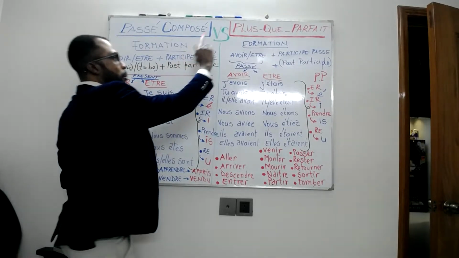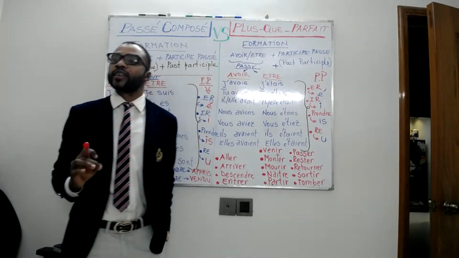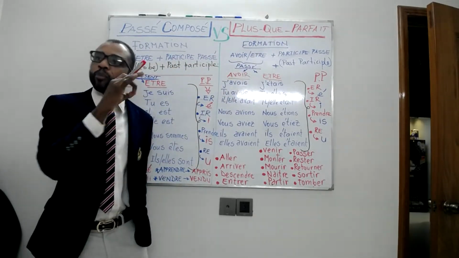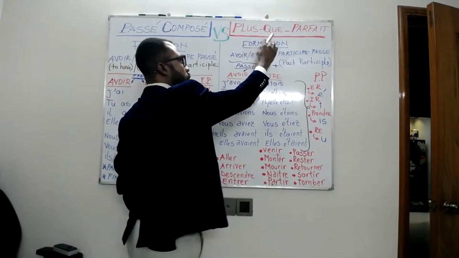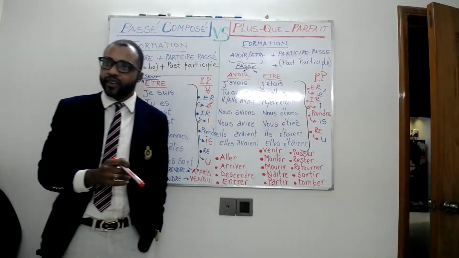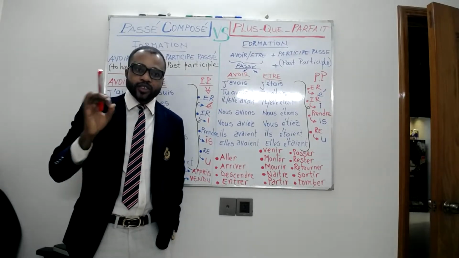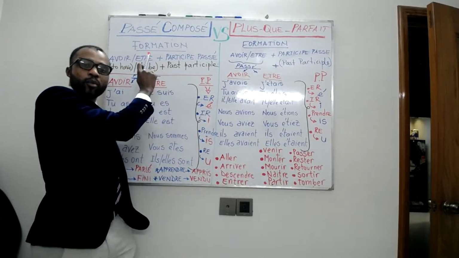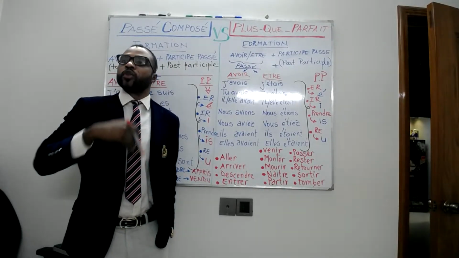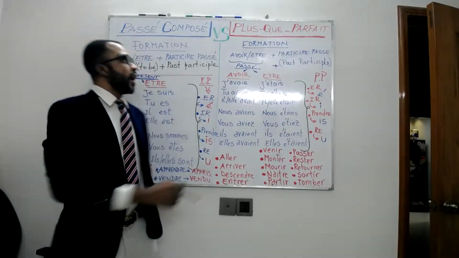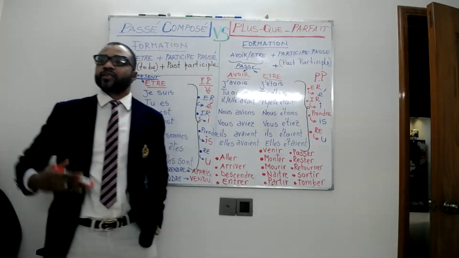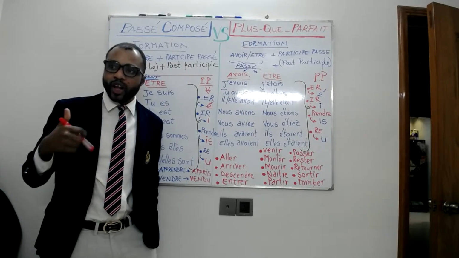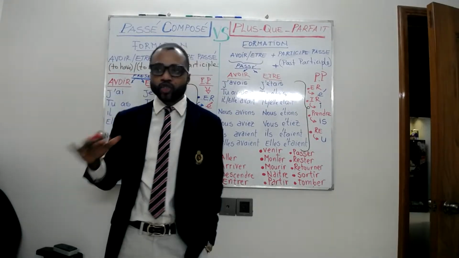Plus que parfait is the past perfect. So is that clear? The difference is passé composé is the present perfect, and plus que parfait is the past perfect. I hope you get it now so far.